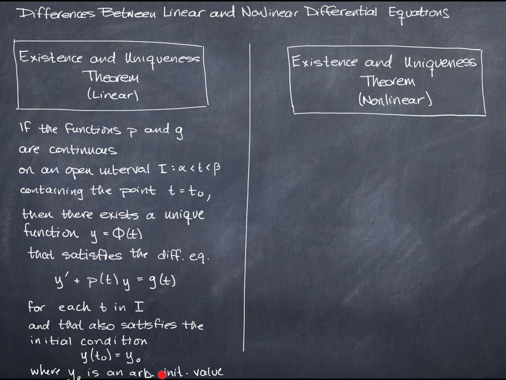That just means that we can set y naught before we even begin looking for a solution to this equation. And I can guarantee that, first of all, a solution will exist, and that there will be a t naught that I can plug in, and the result will be the y naught that I was looking for. Okay, so that's what the existence and uniqueness theorem says for first order linear differential equations.